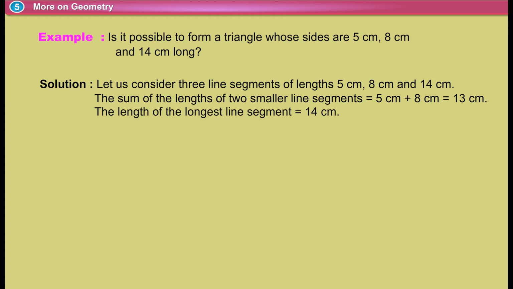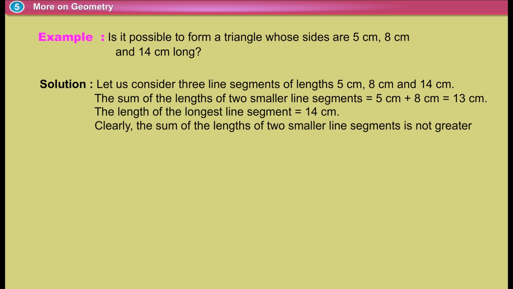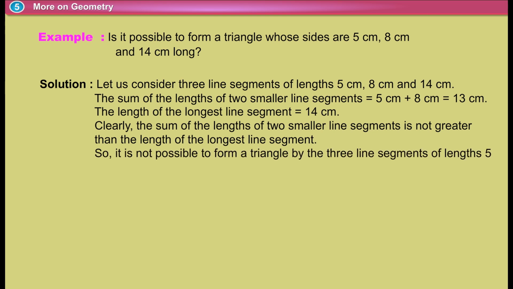The length of the longest line segment is equal to 14 centimeters. Clearly, the sum of the lengths of two smaller line segments is not greater than the length of the longest line segment. So, it is not possible to form a triangle by the three line segments of lengths 5 centimeters, 8 centimeters and 14 centimeters.